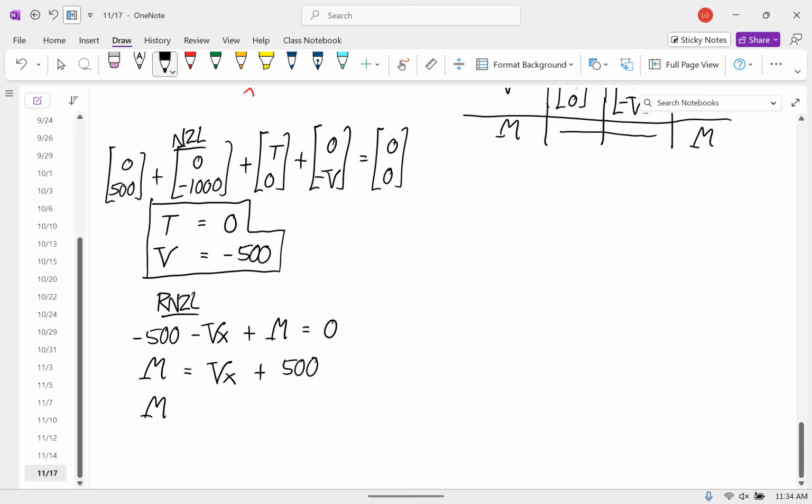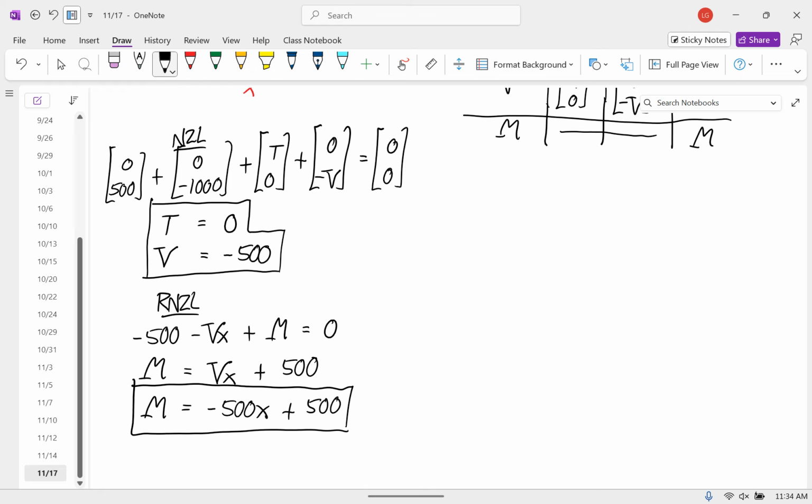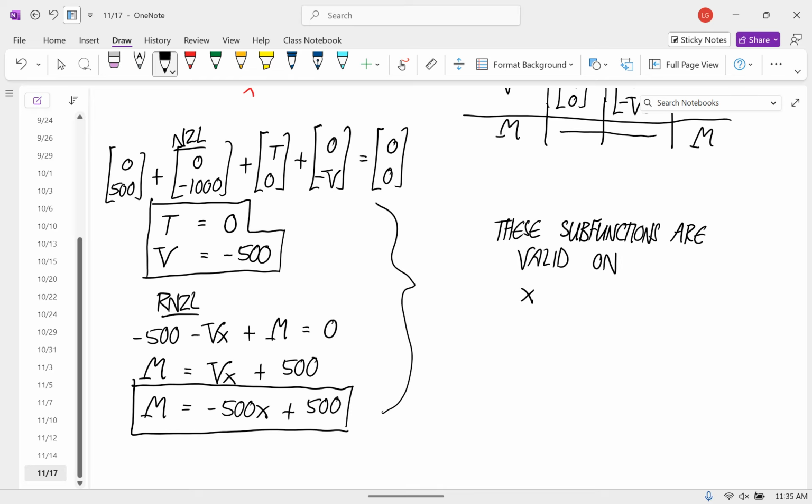And so m is equal to negative 500 x plus 500. And so now these subfunctions are valid for x's between 0.5 and 1.